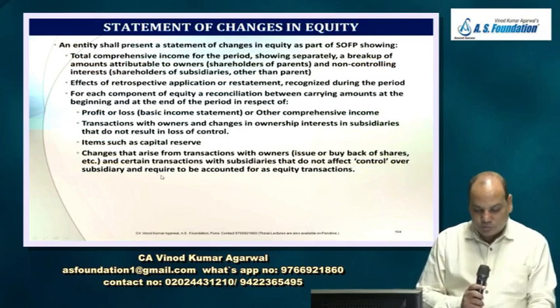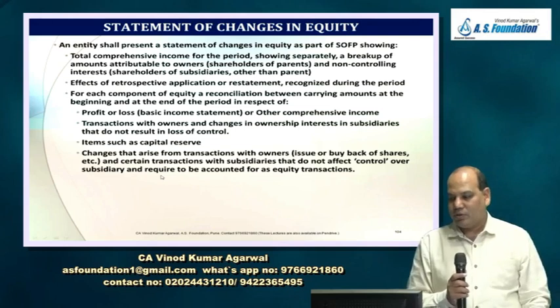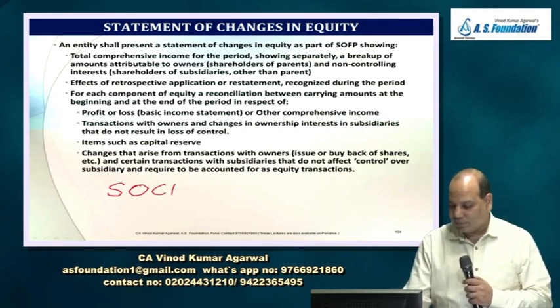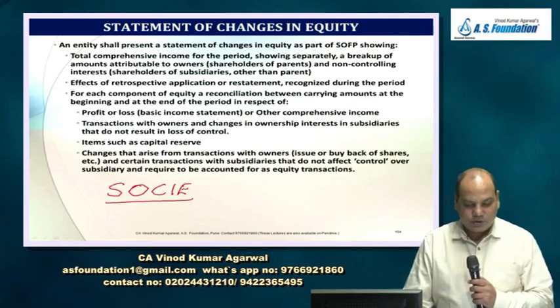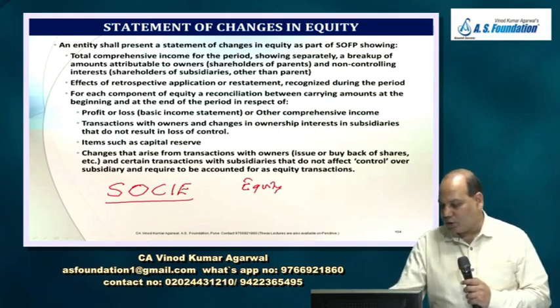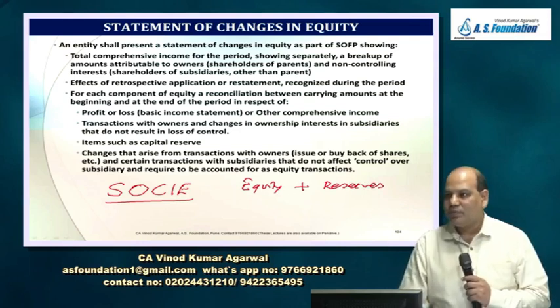Now we'll come to statement of changes in equity. In short, we will call it SOCIE. Write in bracket SOCIE. What is this statement? Here we disclose equity plus all types of reserve.